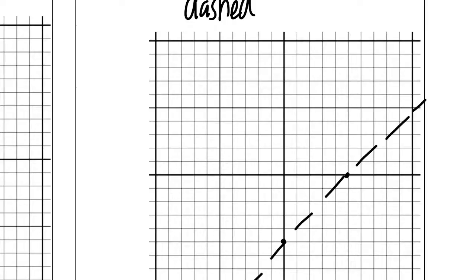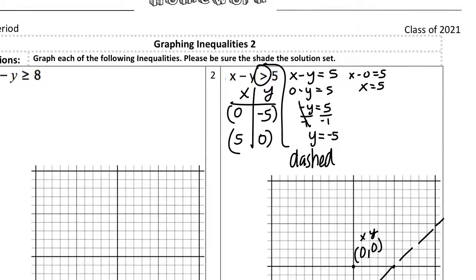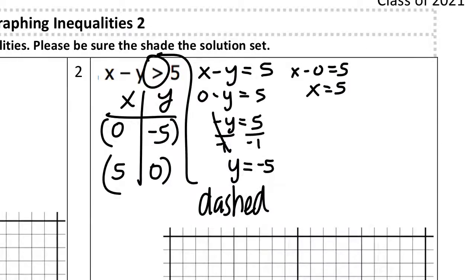My final step is to check which side is true and which side is false. Again, just for ease, I'm going to check the point 0, 0. This means I'm plugging in x is 0 and y is 0 into my original inequality to see if it makes my statement true. So if I do x minus y greater than 5, I plug in 0 for x, 0 for y.